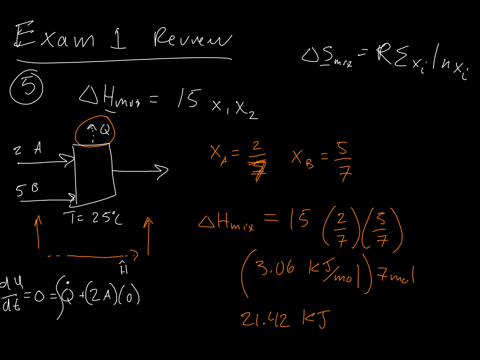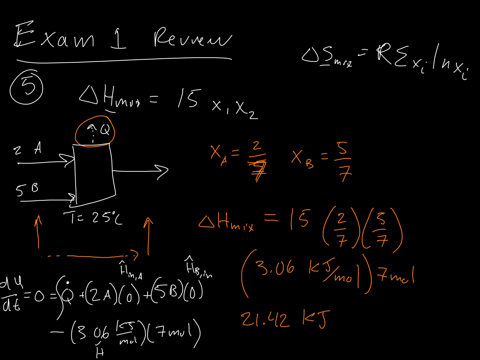I'm saying this is the H hat in of A, plus 5B times 0, this is my H hat B in. And then minus whatever's flowing out of the system, 3.06 kilojoules per mole times 7 moles.